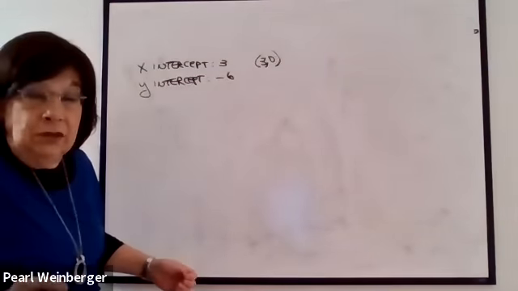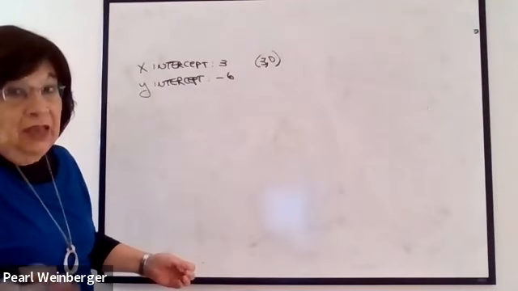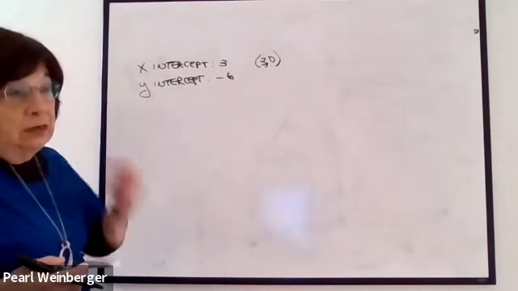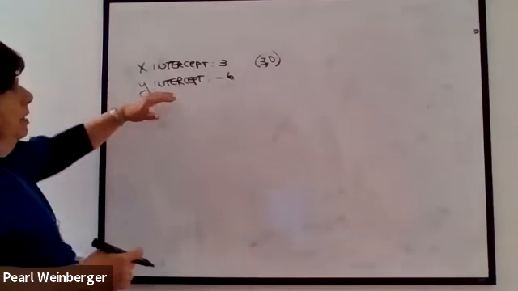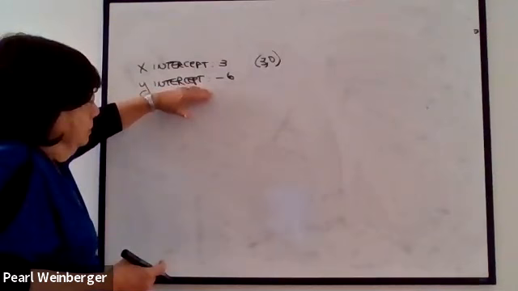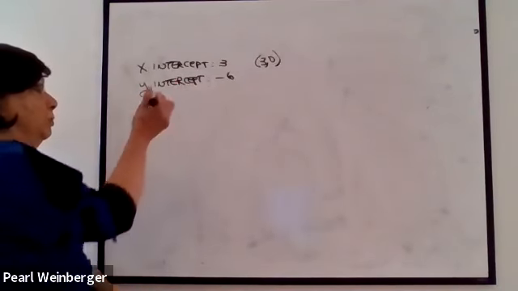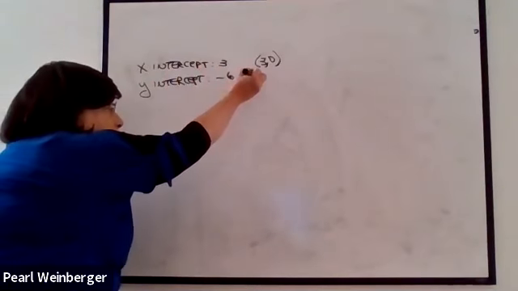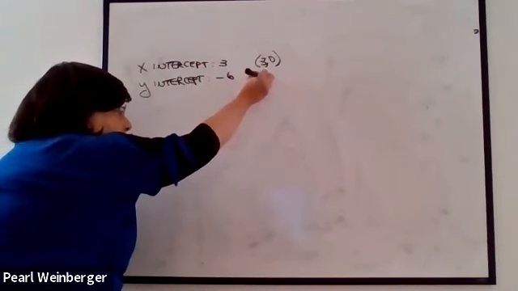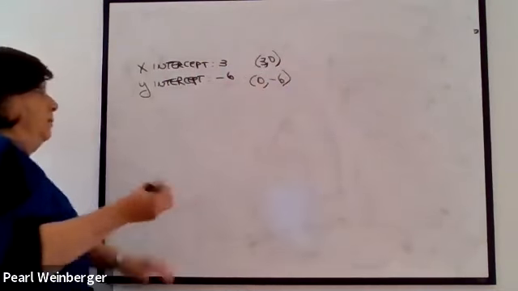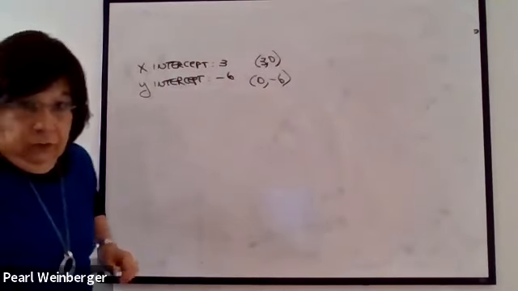Since we know the y is going to be 0, we sometimes just say the x-intercept is 3. But you have to understand it's the point (3, 0). While if I'm telling you about the y-intercept, I'm also giving you a point, but the point is (0, -6), because the y-intercept has an x value of 0.